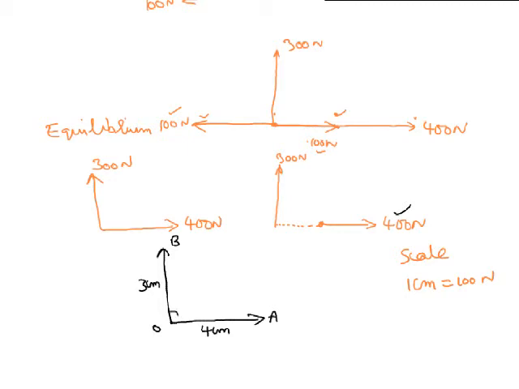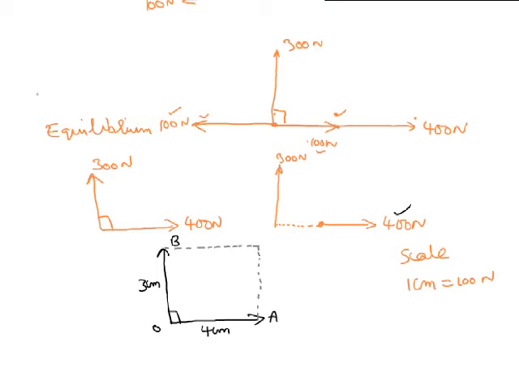Sorry, I forgot to mention this: the 300 newton force here is perpendicular to the other forces. This angle is 90 degrees, and so this angle is 90 degrees, and hence this angle is 90 degrees. So you draw OA of 4 centimeters, OB of 3 centimeters, and now complete the parallelogram.